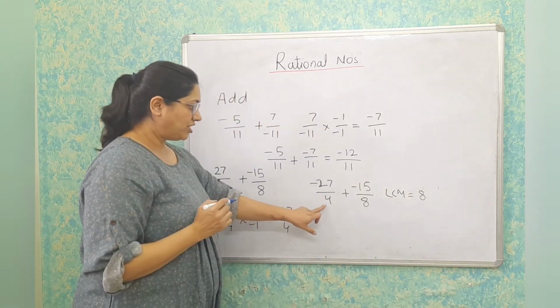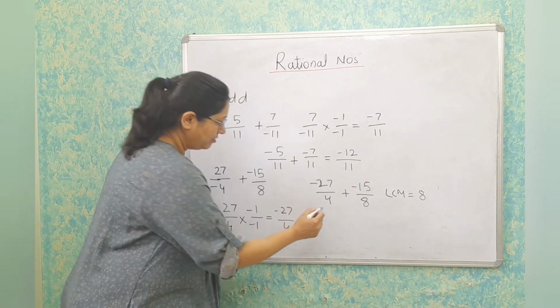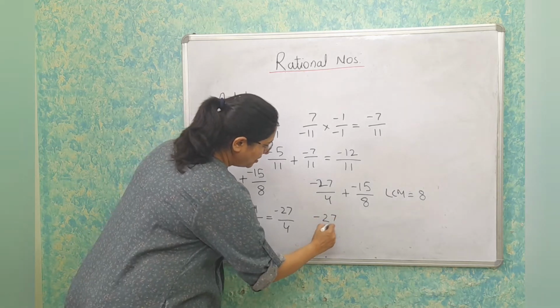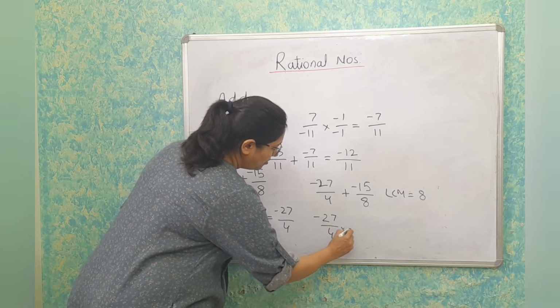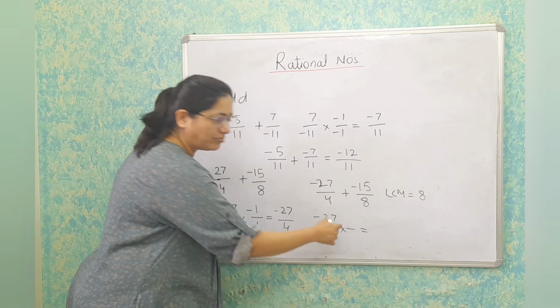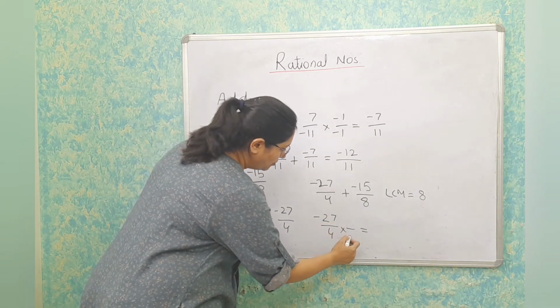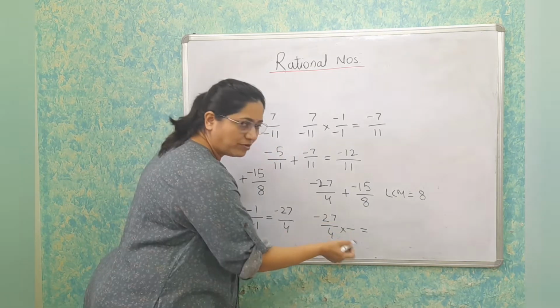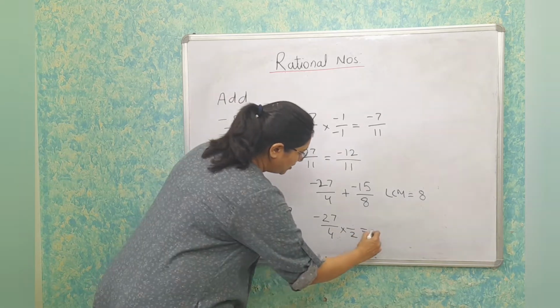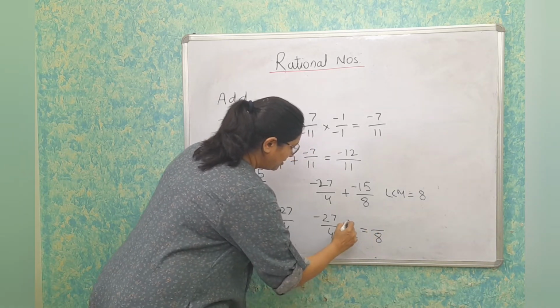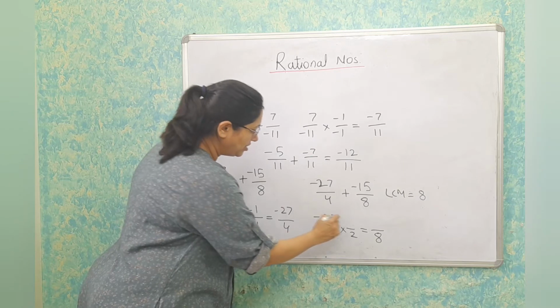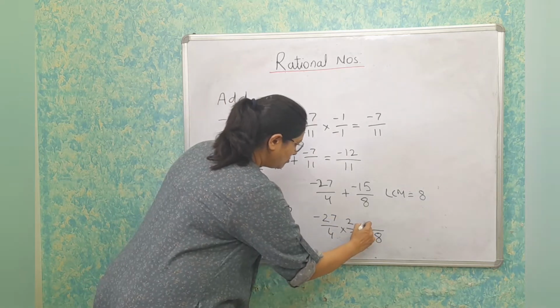So now I have to change this 4 into 8. So I will write minus 27 upon 4 multiplied by a particular number, and you know this is 2. And you know that when we multiply 4 with 2, it will become 8. So again I have to multiply minus 27 with 2.